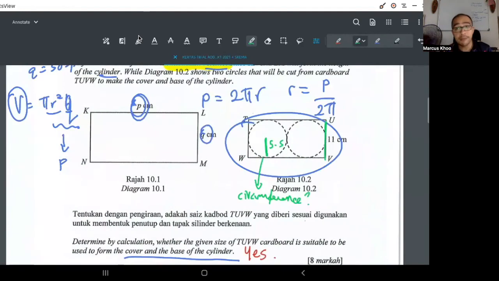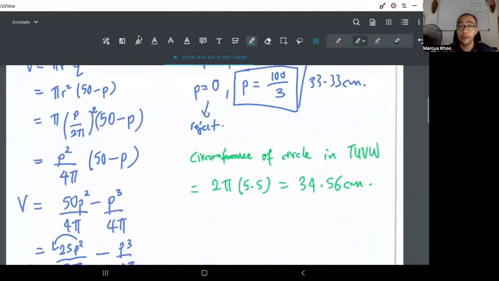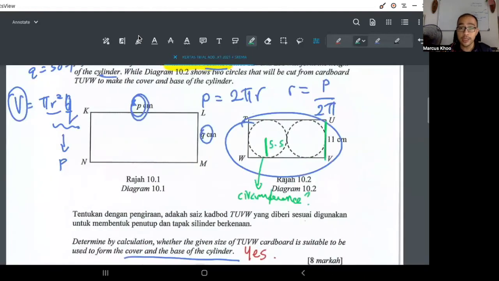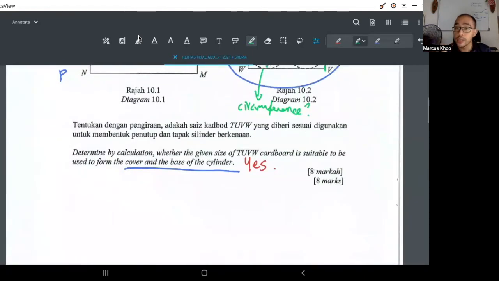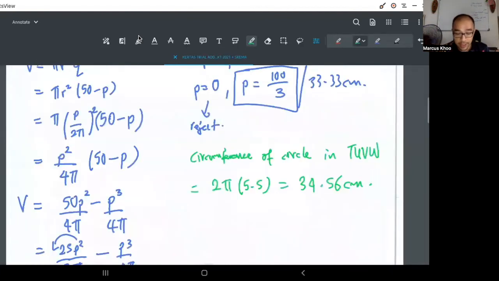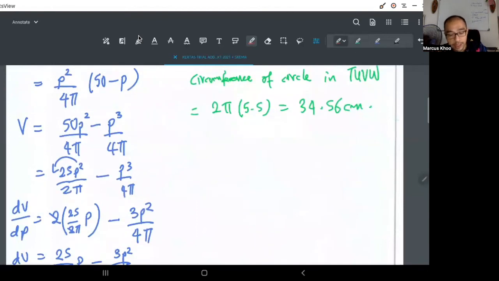So the question is, is it suitable to be used? Of course it's suitable because the cardboard's circumference is bigger than the actual cylinder's circumference. So how would we write this?